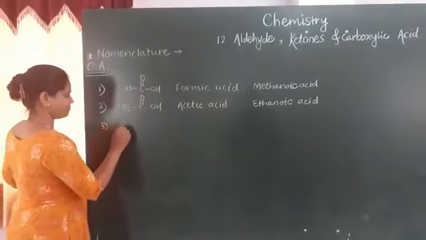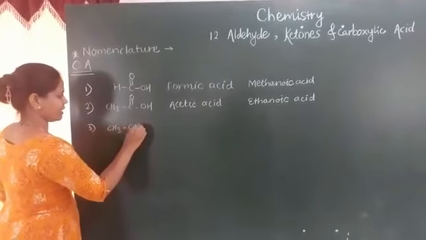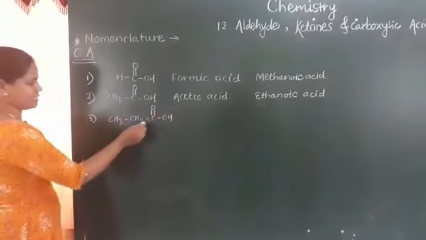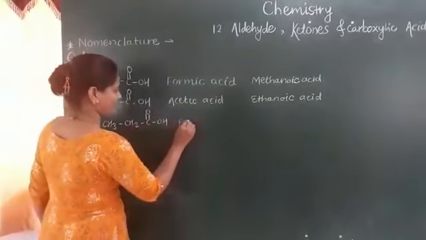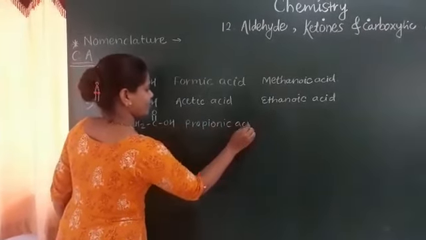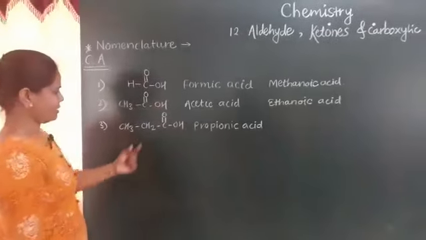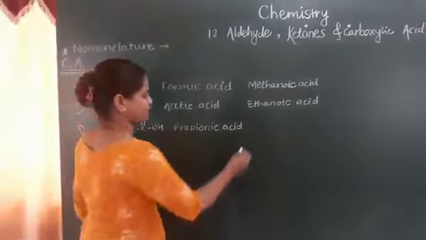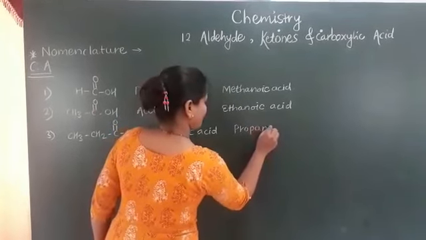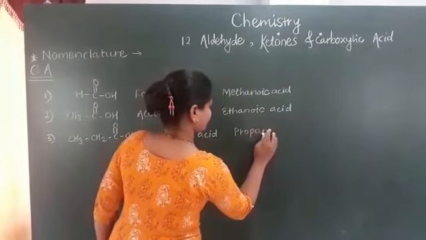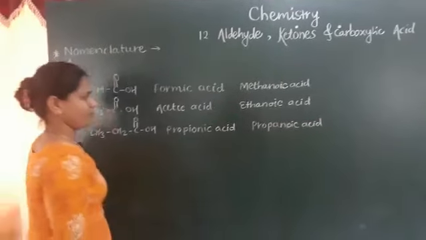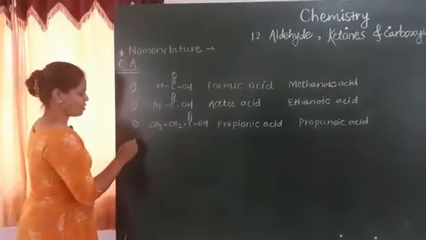Third example, CH3 CH2 C double bond O OH. It contains three carbon atoms. Its common name is propionic acid, and because of three carbon atoms the root word is propane and the IUPAC name is propanoic acid.